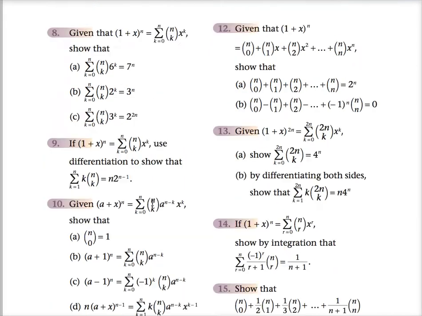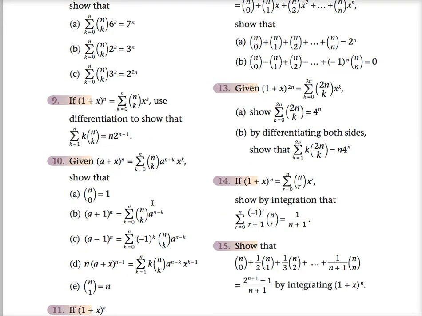So questions 8, 9, 10, and I want you to do question 13, 14, 15. So this is what we're doing: exercise 10.5, questions 8, 9, 10, 13, 14, 15 from the textbook.